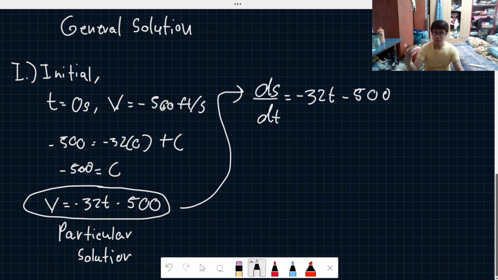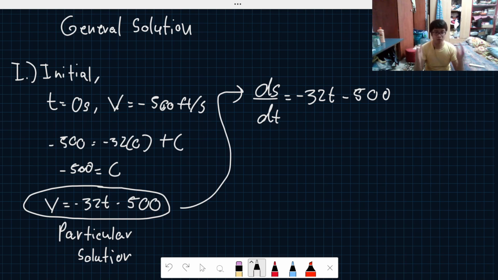And what next? Then you solve for your s, or solve this equation basically, so that we can find the s. Here I will do the same thing, the separable variable method.